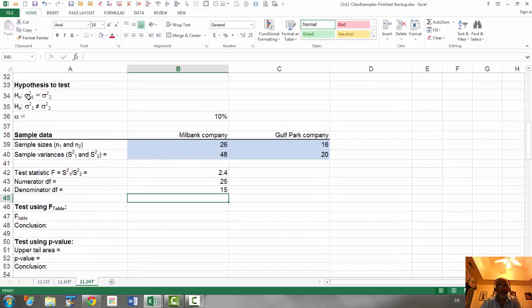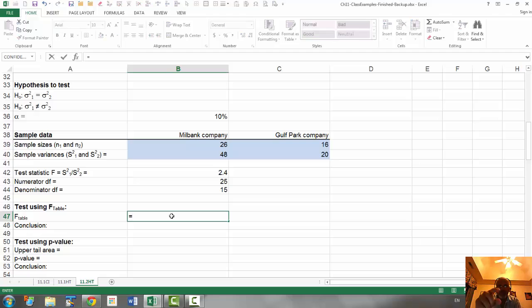Then the F table value. Here is where, depending upon whether the numerator variance is larger or smaller compared to the denominator, in a two-tailed test you can set up a right-hand side tail or a left-hand side tail. So here, since this is greater than 1, the numerator is larger, our F.INV should be .RT.